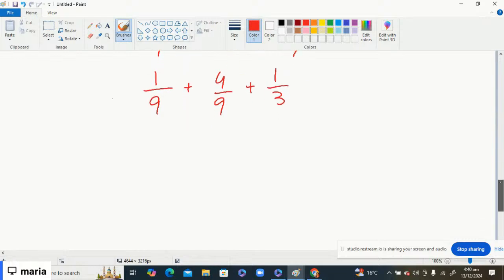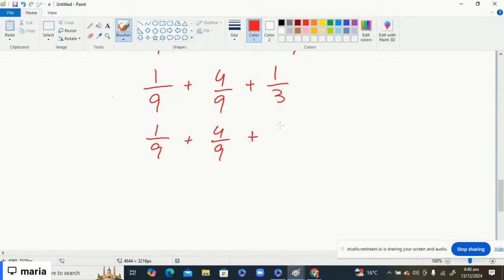So we are going to multiply and divide with 3. 3 times 3 is 9. Then we get the answer.